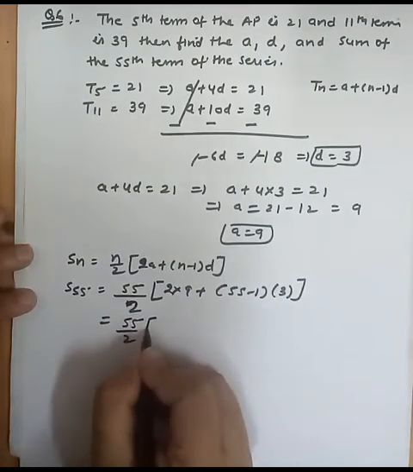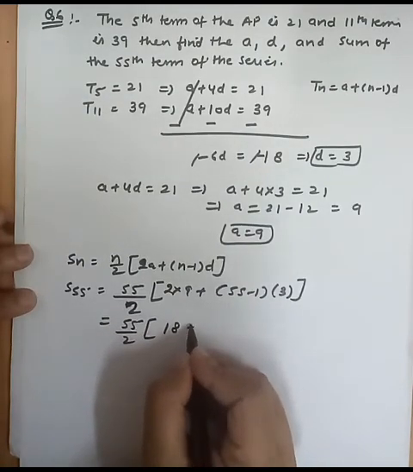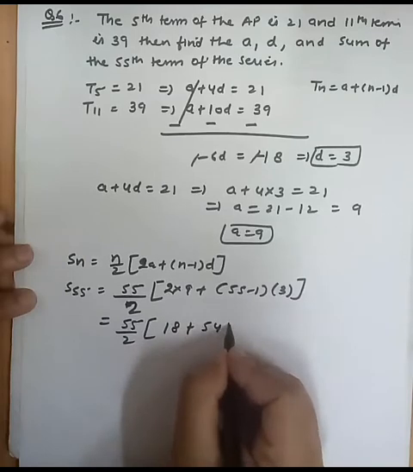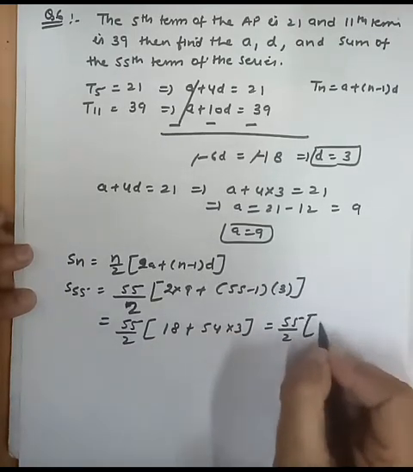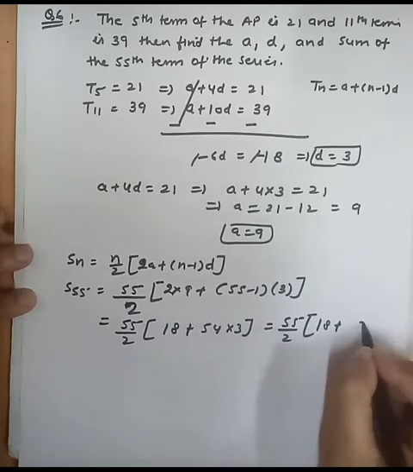55 by 2, 18 plus 54 into 3. Again simplify this one.